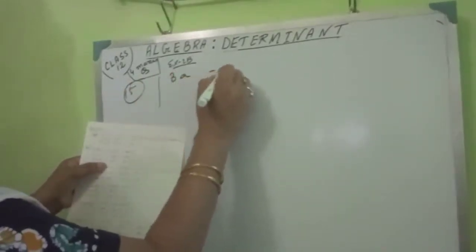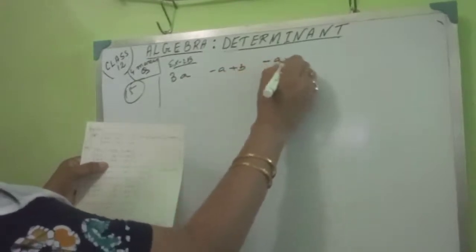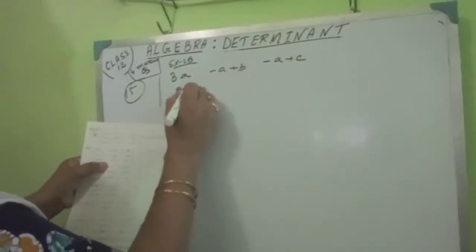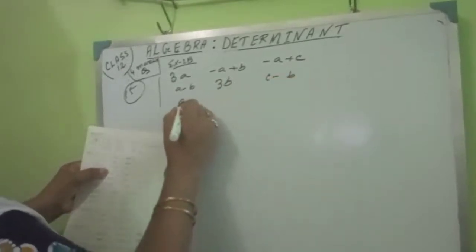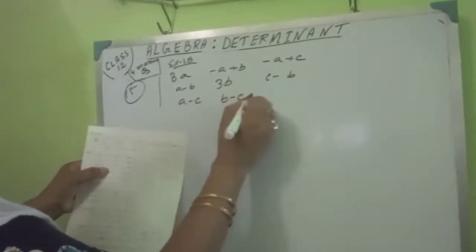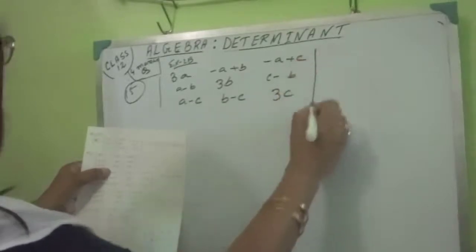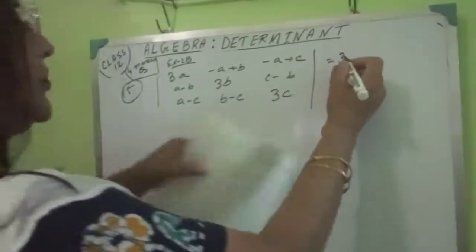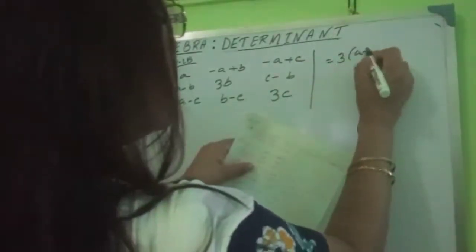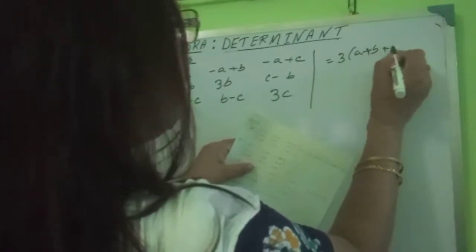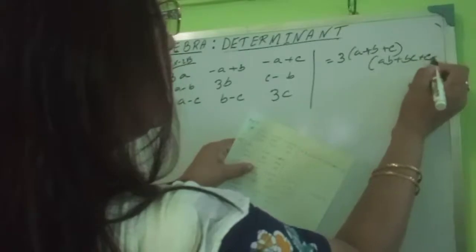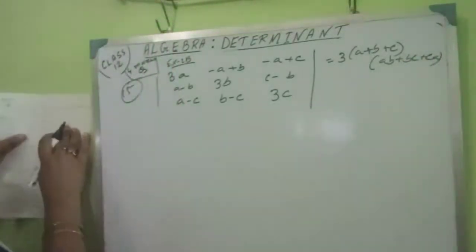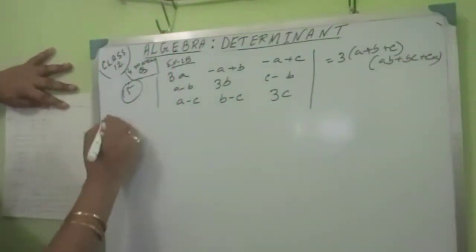The determinant with rows 3a, minus a plus b, minus a plus c; a minus b, 3b, c minus b; a minus c, b minus c, 3c is equal to 3 into a plus b plus c into ab plus bc plus ca. This only we have to prove. Okay, let's start with the left hand side.